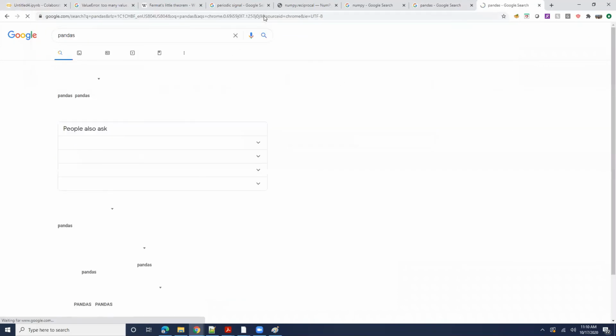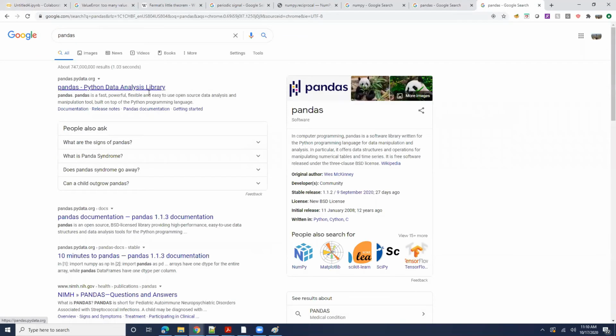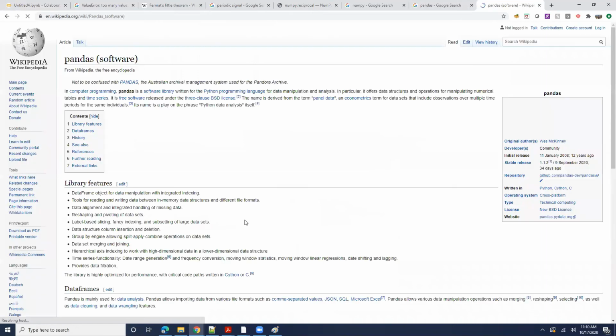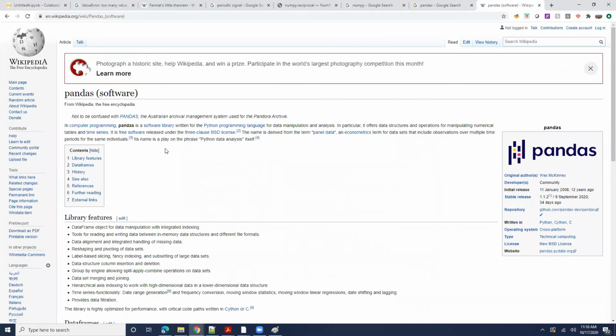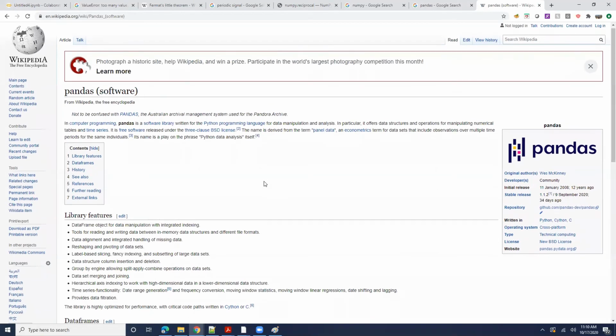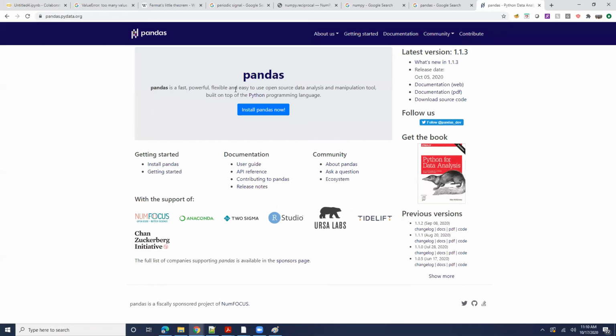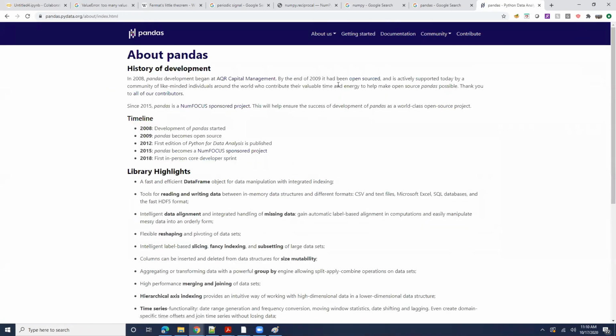Pandas probably stands for something. Python data analysis library. I can't see what it stands for here, but let's see if we go to that website, About pandas.